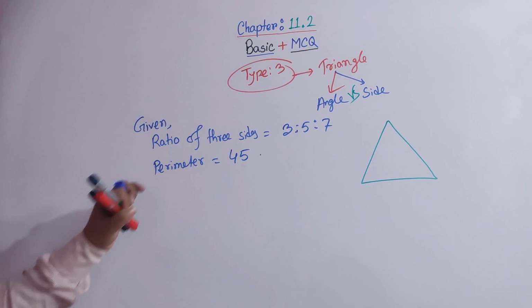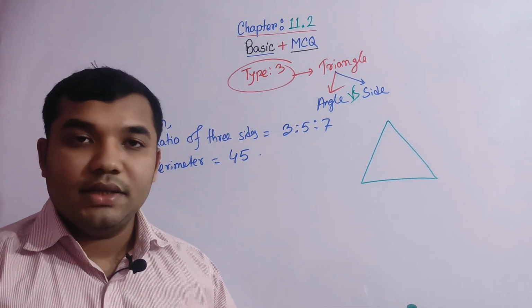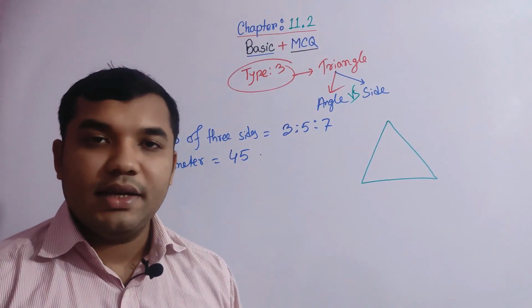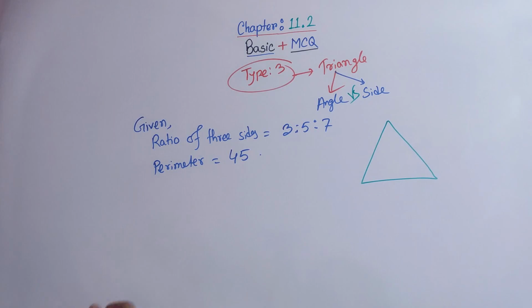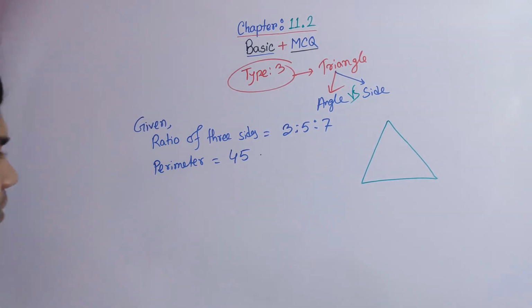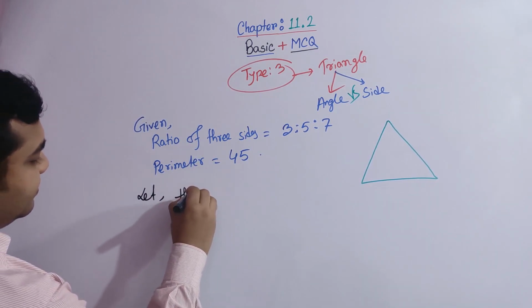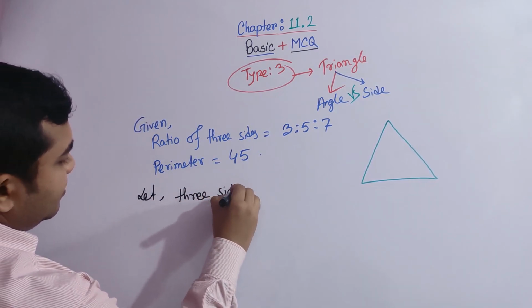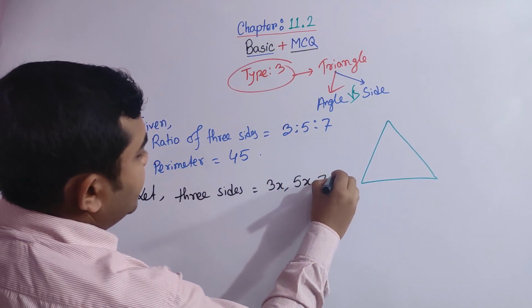If these two things are given, can we find the larger side, the smaller side, and the middle side? We have to find these three, and we know that the perimeter is the summation of the three sides. First of all, let our three sides be 3x, 5x and 7x.